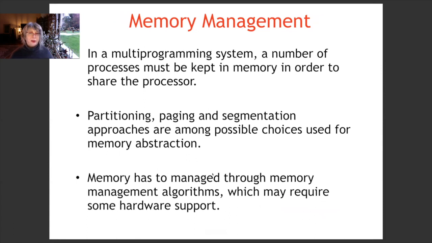In a multiprogramming system, a number of processes must be kept in memory in order to share the processor. Partitioning, paging, and segmentation approaches are among the possible choices used for memory abstraction. Memory has to be managed through memory management algorithms, which may require some hardware support.